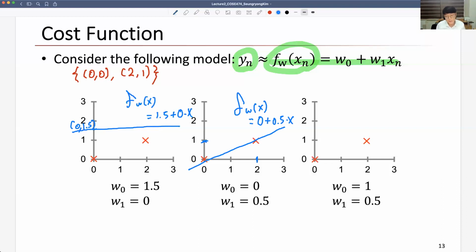What about the last one? When W0 is equal to 1 and W1 is equal to 0.5, our mapping function should be 1 plus 0.5x. Then how can I draw this?